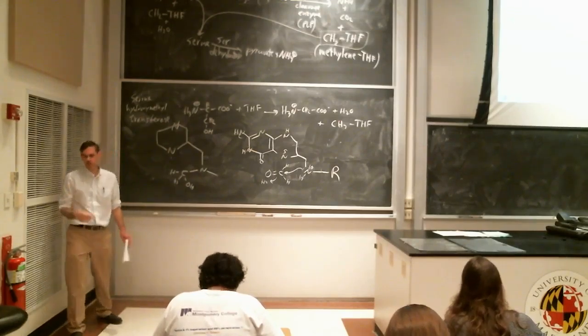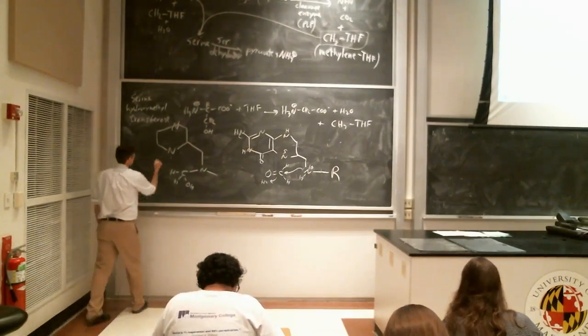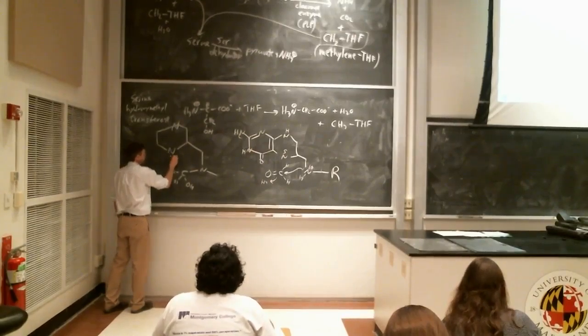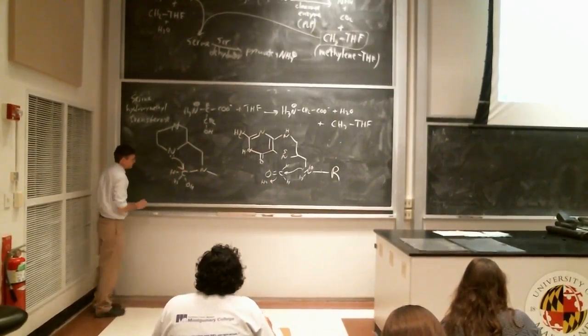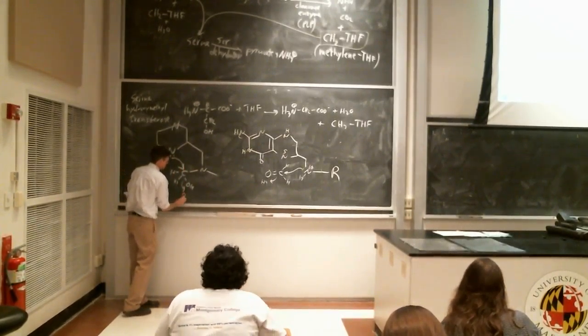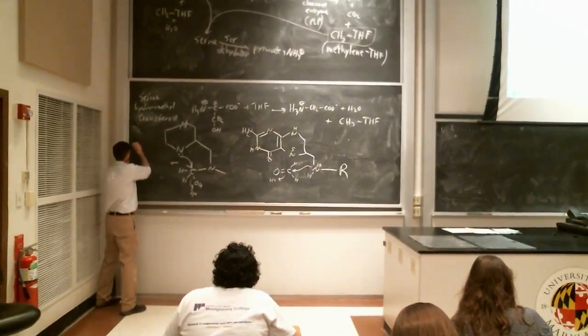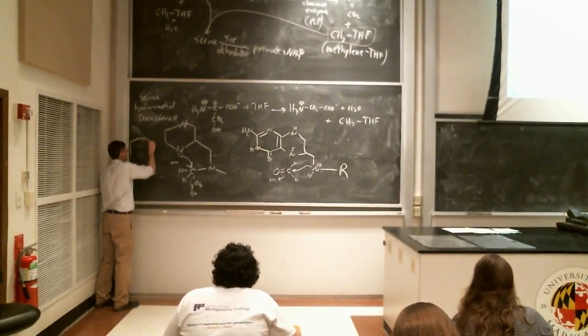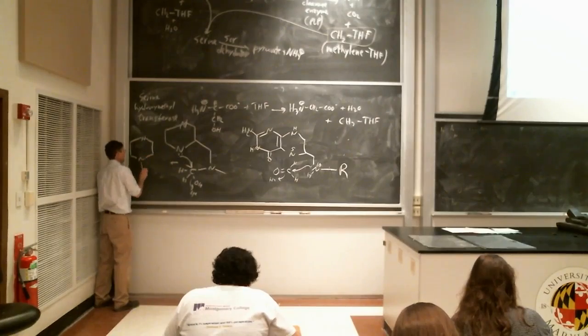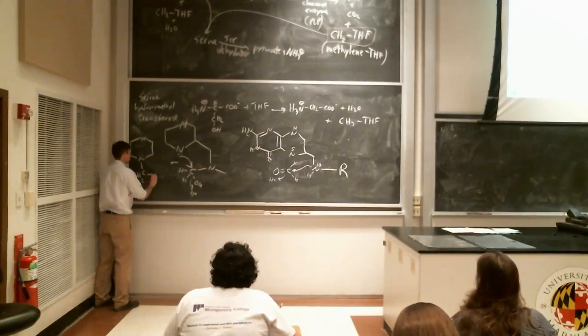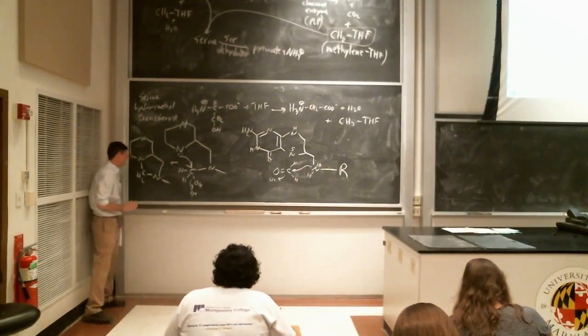I chose nitrogen number 10 kind of arbitrarily. But there's also this nitrogen number 5. Nitrogen number 5 then can get in the act, and displace water. And that is how, at least in a chemical sense, you could form this N5,N10-methylene THF.